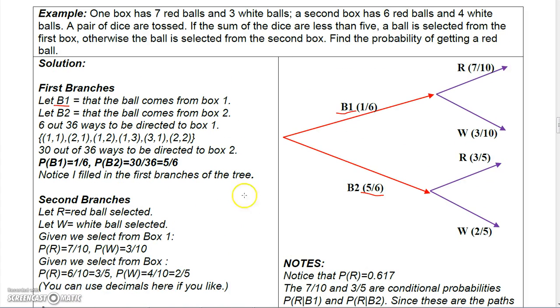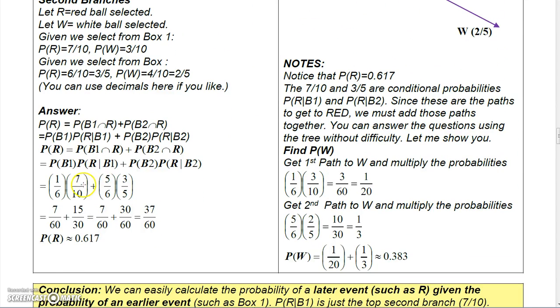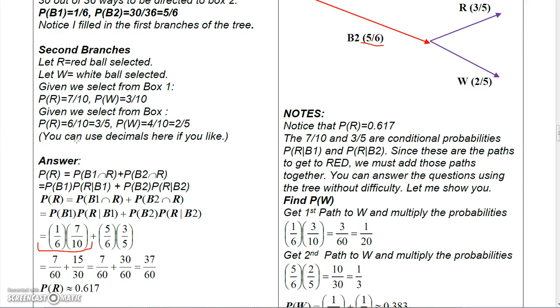Well, remember the probability of red, you figure out all the ways to get red. So one way to get red is box 1 and red. So to get box 1 and red, we just multiply these two together, 1/6 and 7/10. So we have 1/6 times 7/10, and that's the probability of box 1 and red.